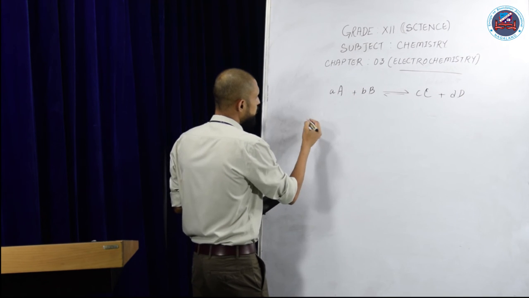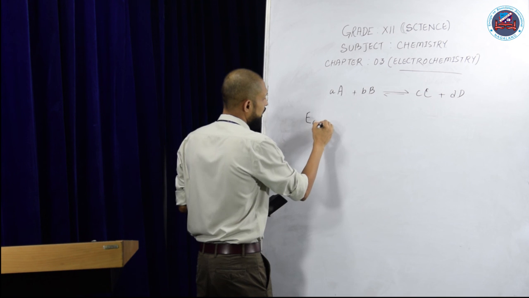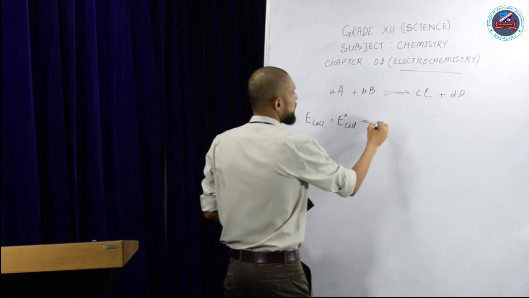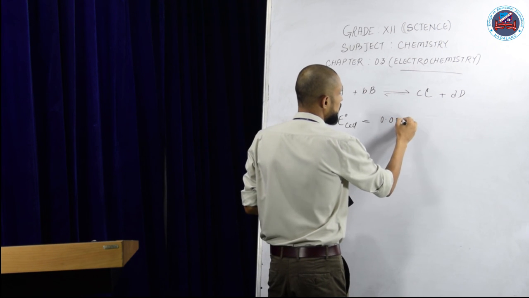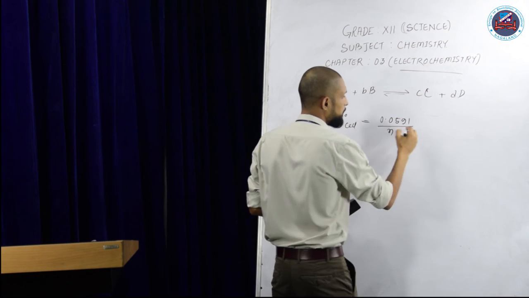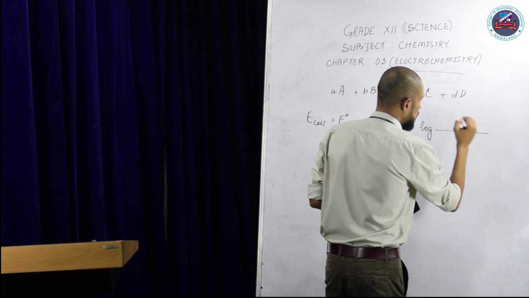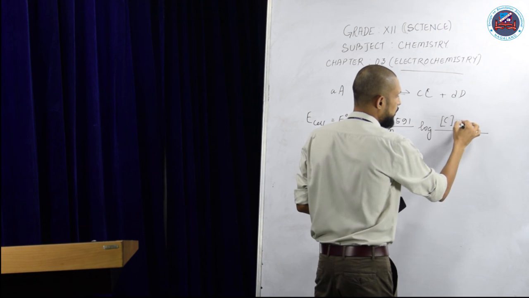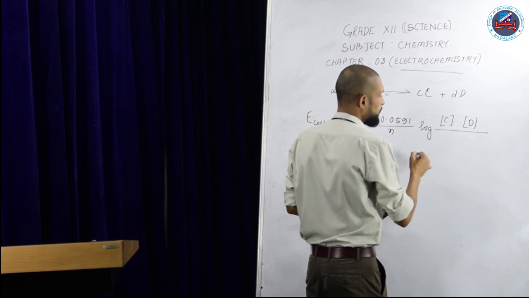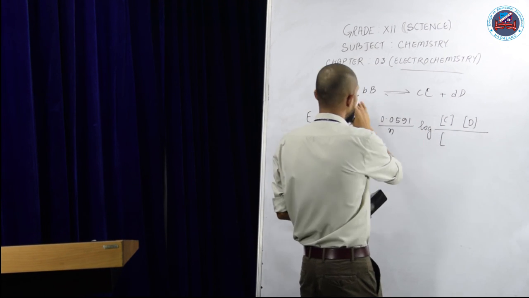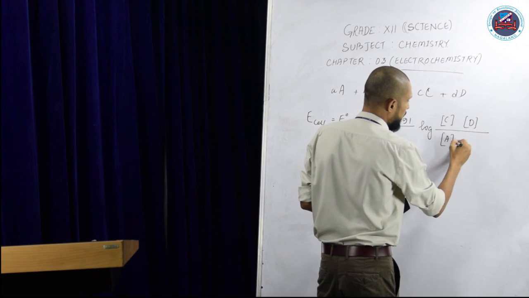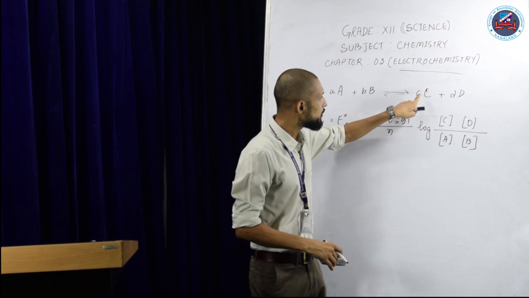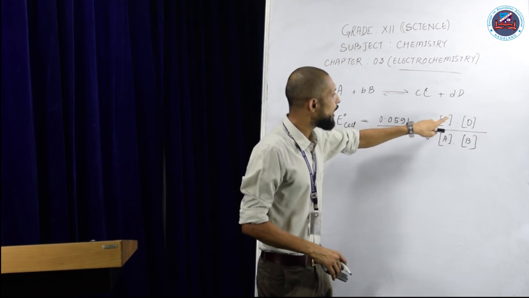So for this, the Nernst equation is written as E cell is equal to E naught cell minus 0.0591 by n log of, in numerator you'll write the concentration of products, that is concentration of C multiplied by concentration of D. In denominator you'll write the concentration of reactants, that is concentration of A multiplied by concentration of B. Now if we have a certain stoichiometric coefficient, it is raised to the power.